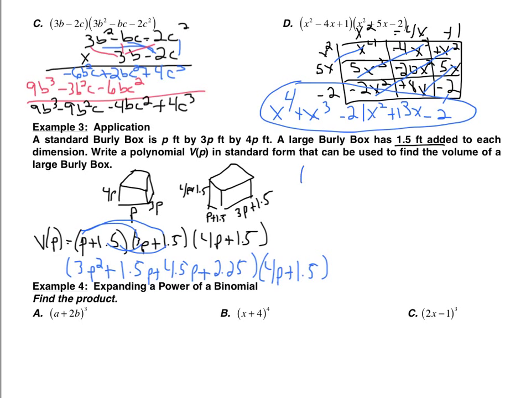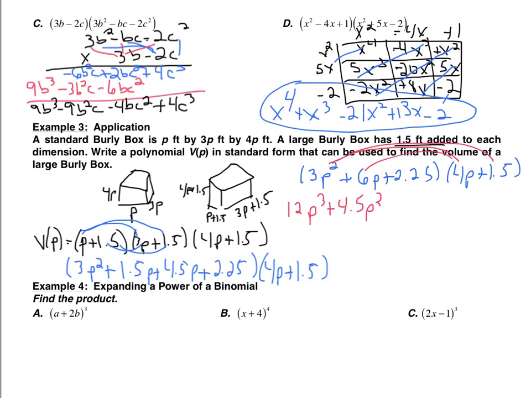So we have 3p squared plus 6p plus 2.25 times our 4p plus 1.5. And then we distribute like we did previously, so 3p squared times 4p and 1.5. So we'd end up with 12p cubed plus 4.5p squared. And then we multiply the next two, which would be 24p squared plus 9p.